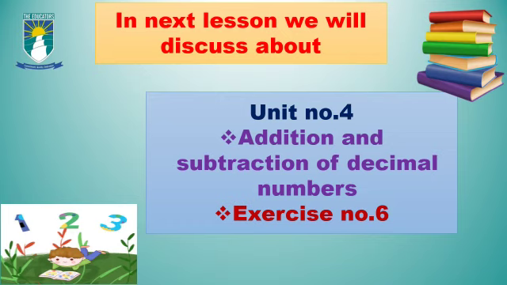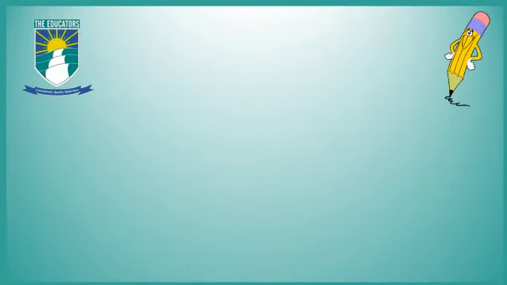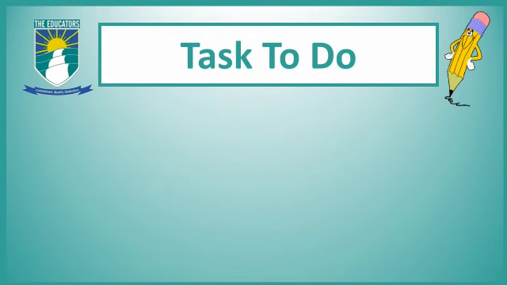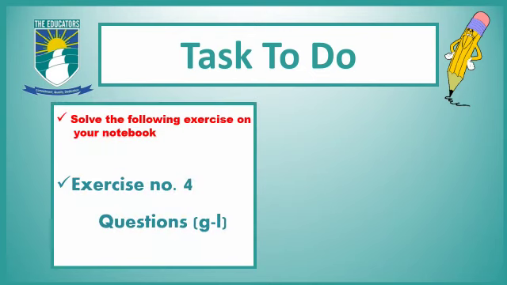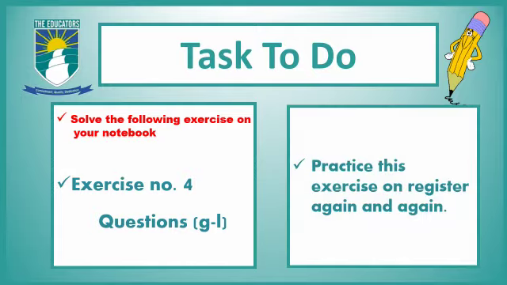So dear students, read this topic from your book. In the next lesson, when I teach this topic, you will have a clear vision about this. Now it's time for the task to do. You have to solve the sums of exercise number 4 and practice this exercise on your register again and again.